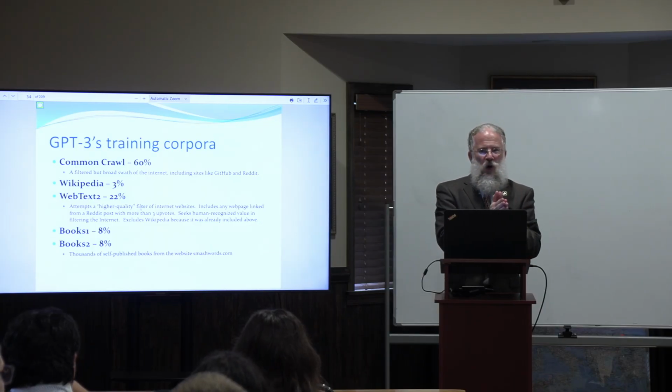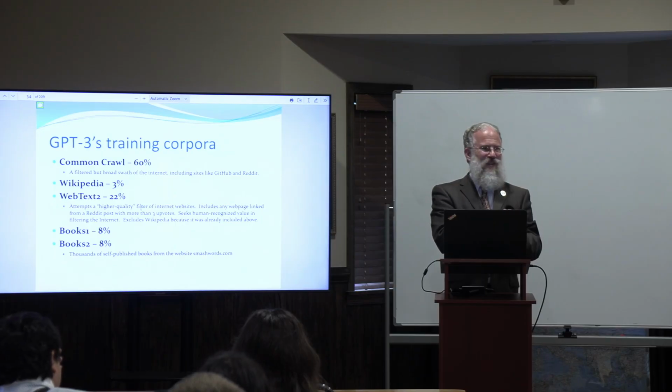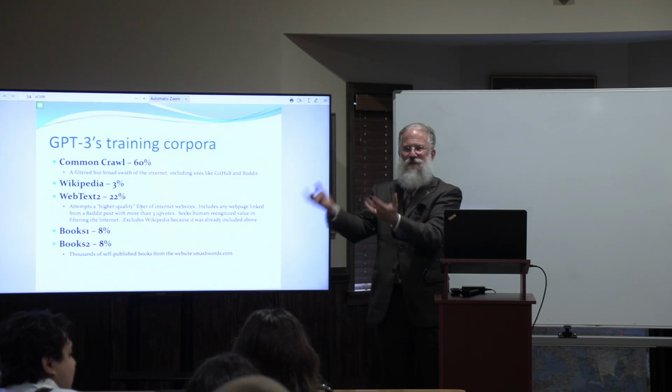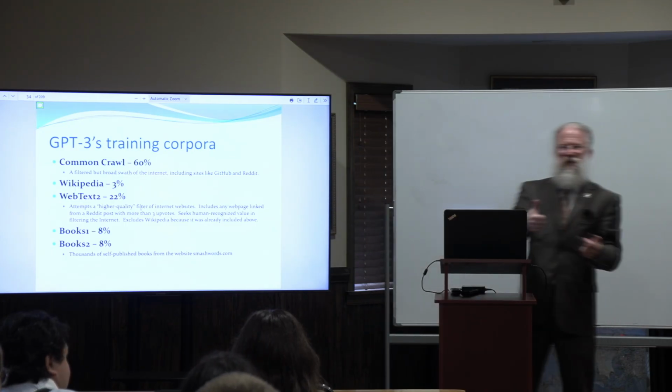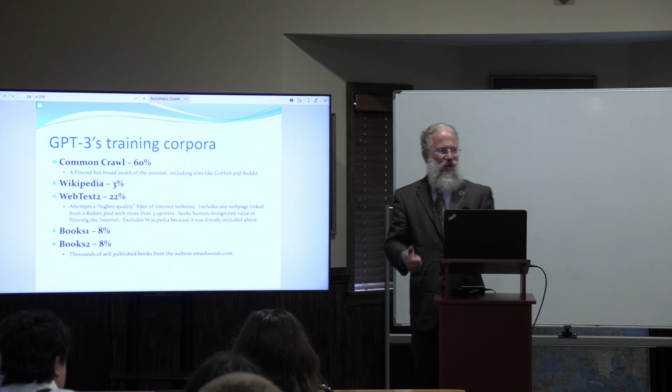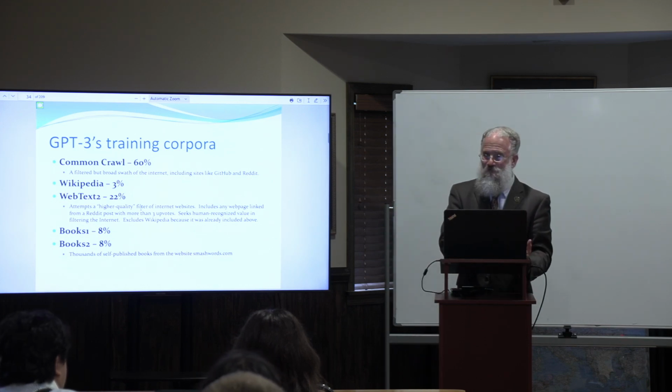They said, all right, we'll gather up every web page that is linked to from a Reddit post that has more than 3 upvotes. This will be a proxy attempt to have some kind of human curated recognition of value in this or that web page. If somebody linked to it from Reddit and that post had more than 3 thumbs up, then we'll include it. That's what WebText2 is.